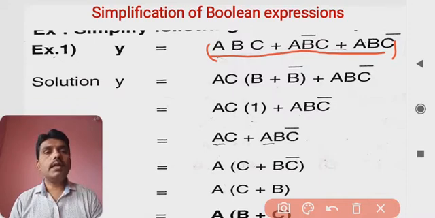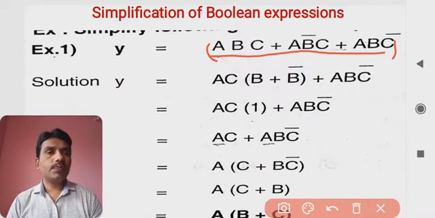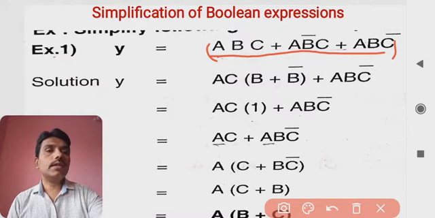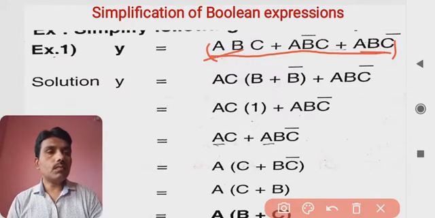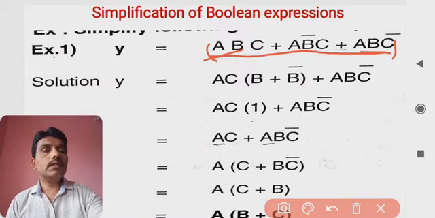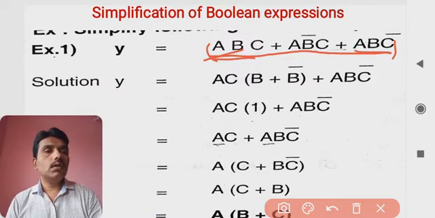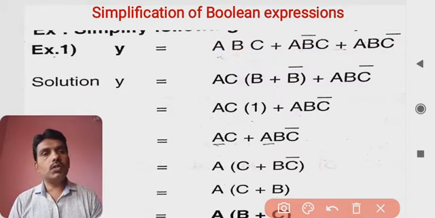Either one can see AB as the common part for these two, or somebody says AC can be a common part. Depending on the logic you develop, you simplify the expression. But if you know the laws very well, it is very simple to simplify.